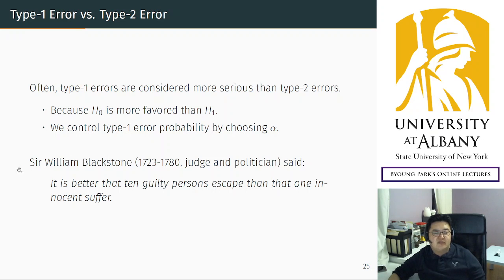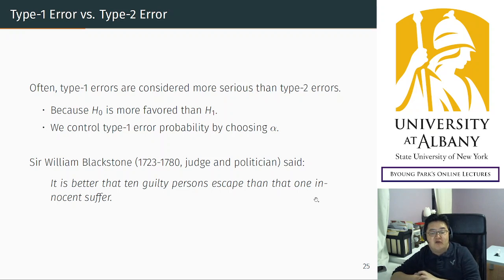There was an English judge and politician in the 18th century, Sir William Blackstone. He said it's better that 10 guilty persons escape than that one innocent suffers.